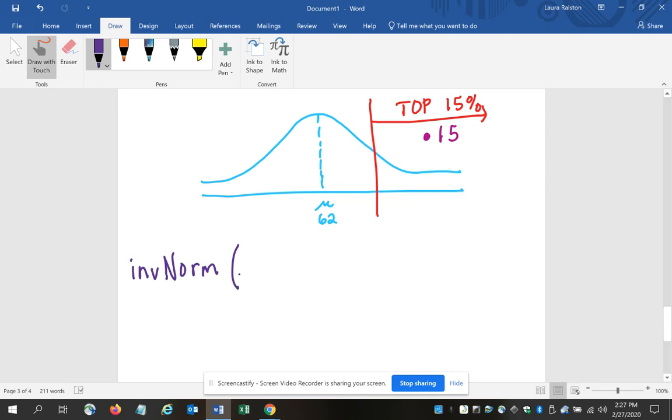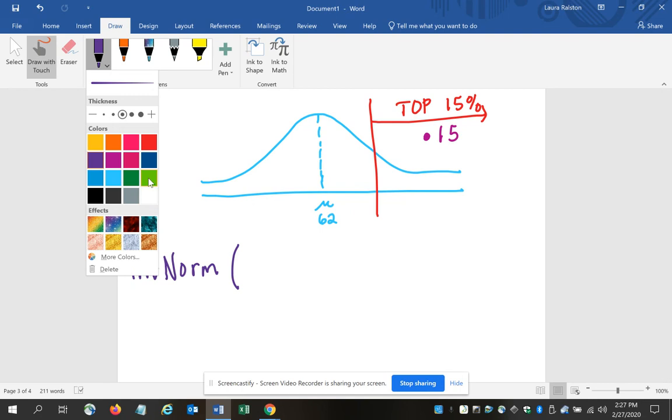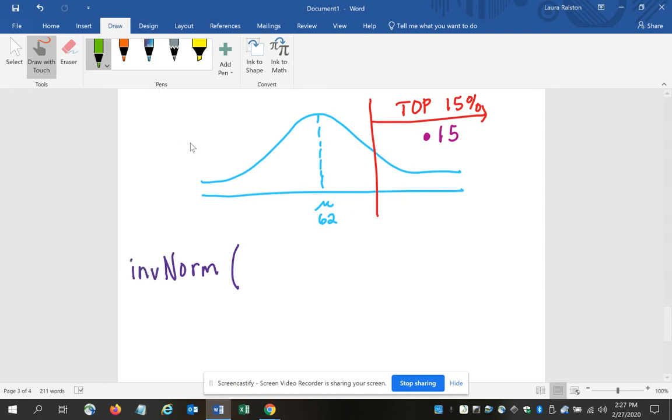Okay, so again, if I'm thinking about my inverse norm, I need the area to the left of the cutoff. So if the top 15% gets selected, I want to think about what percent do not get selected. Remember, it's a total of 100. 100 minus 15% would be 85%. Written as a decimal would be 0.85.